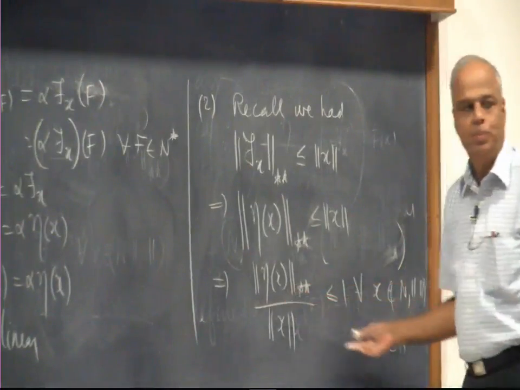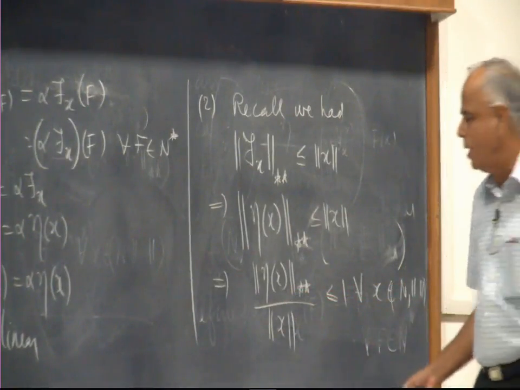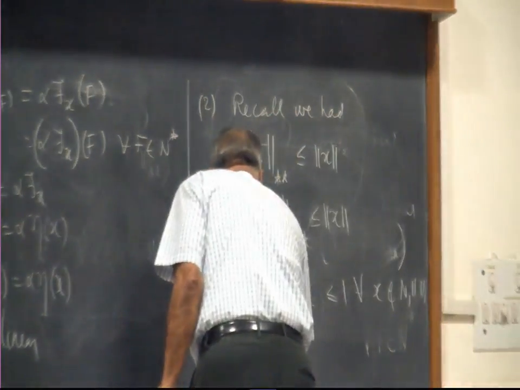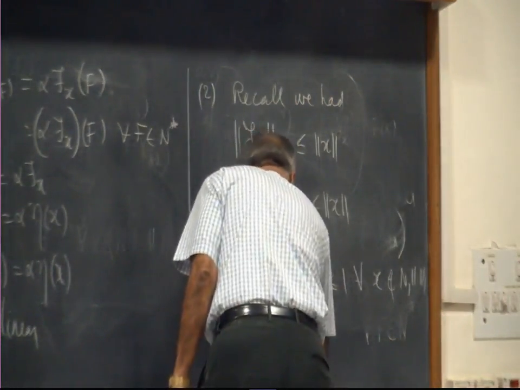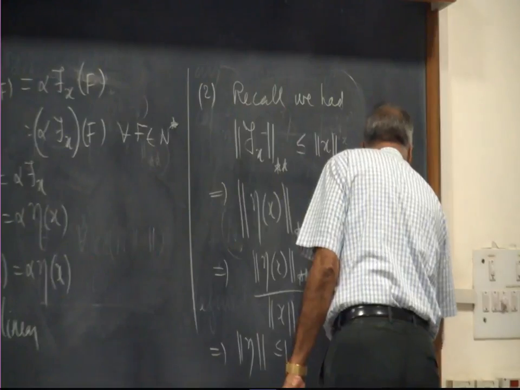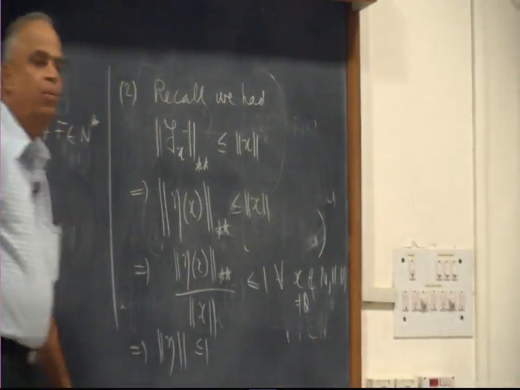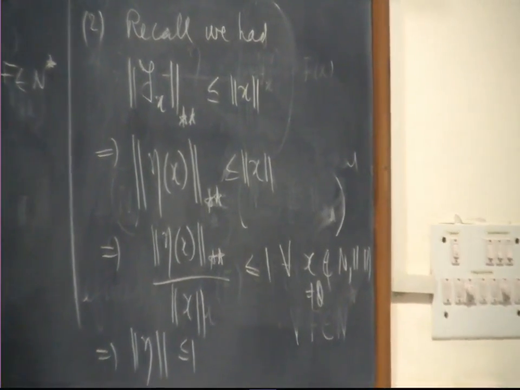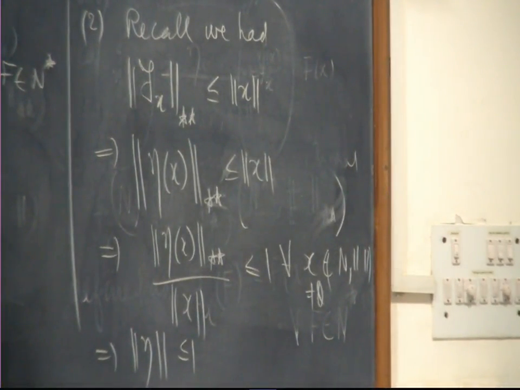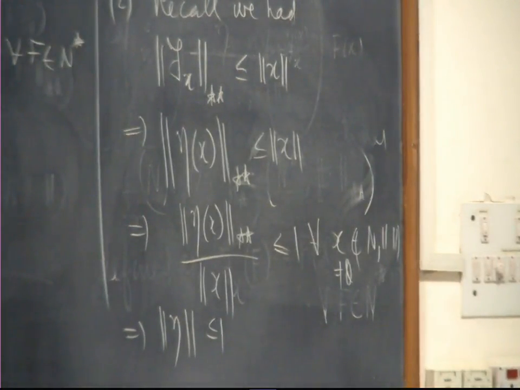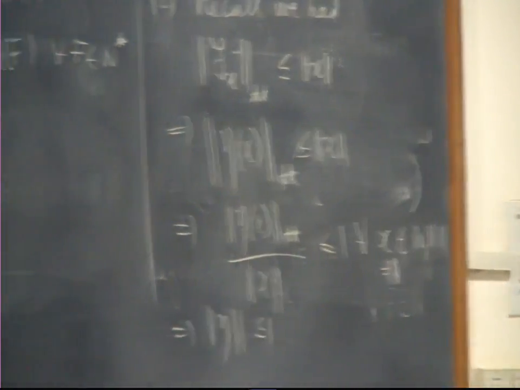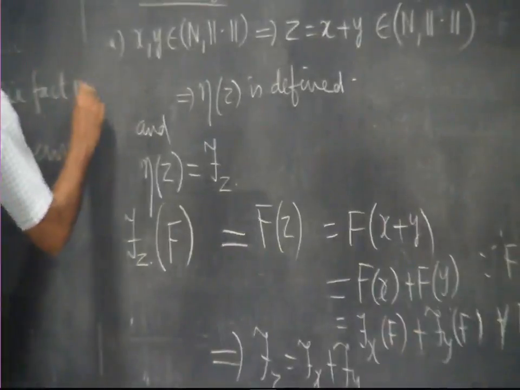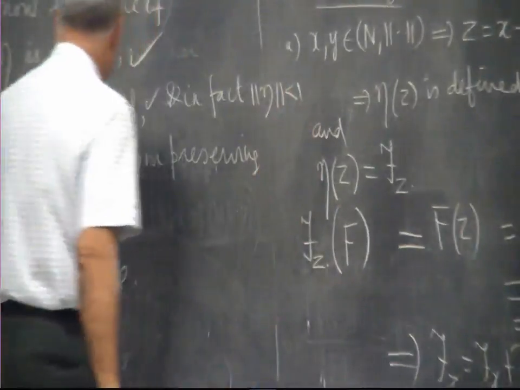And therefore the supremum will also be less than or equal to 1, which says the norm of eta will be less than or equal to 1 for every x not equal to theta, because we have a denominator. Therefore not only is it bounded, its norm is at most 1. So eta is bounded, and in fact norm of eta is less than or equal to 1.